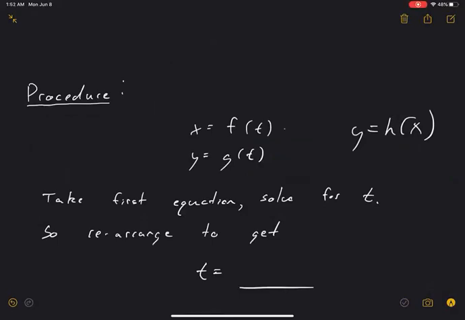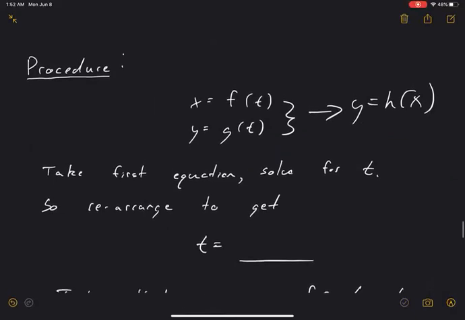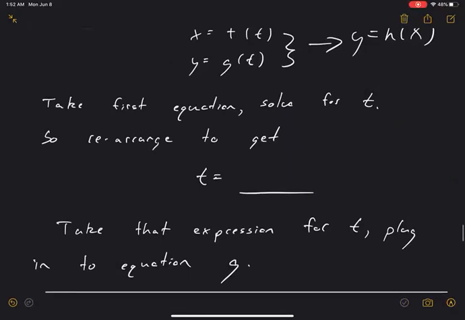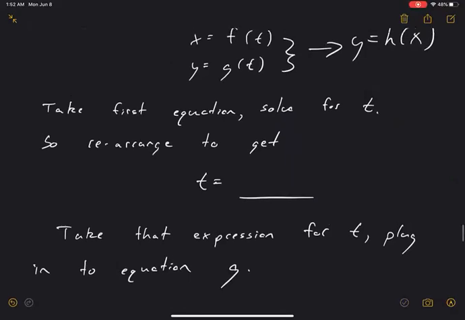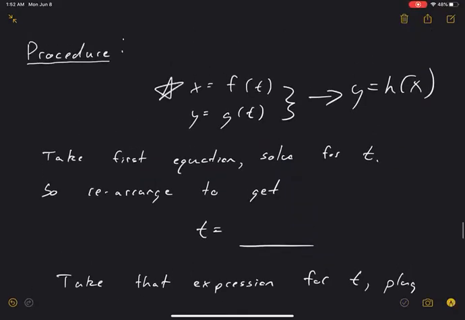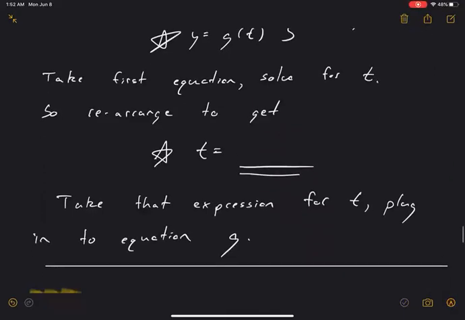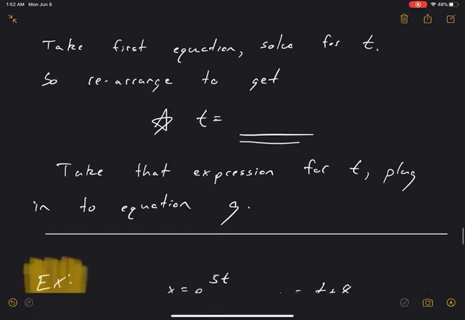How do I go from these to here? The general procedure, which isn't going to always work, is to solve for t in this first equation. So you want to rearrange it so you get t equals blank. And then you take this blank and plug it in for t in this second equation. And then you should have y as a function of x.